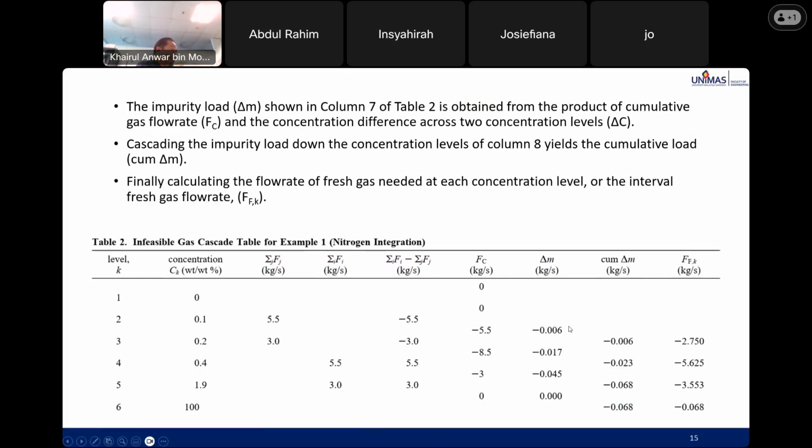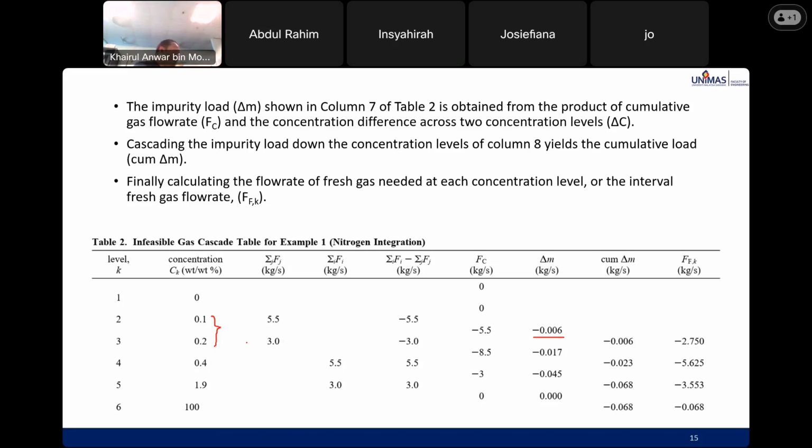So for example here, 0.06. You multiply by the difference from 0.1 to 0.2, meaning 0.1. So 0.06 times 0.1, that one is in percent, so you need to divide by 100%.